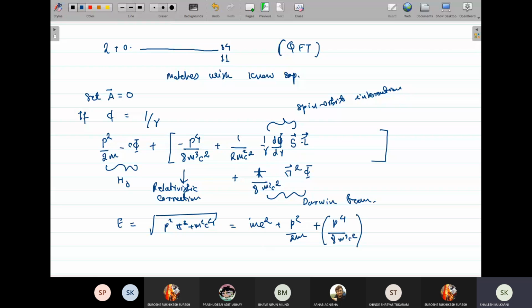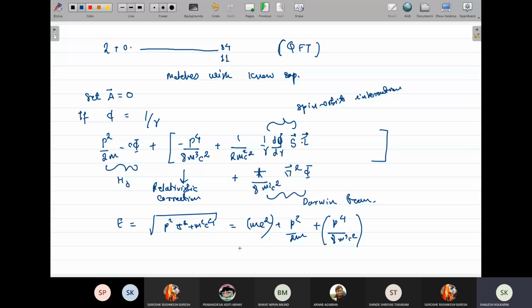So this rest energy we always neglect. We don't take it into account in H0. It is there still. So rest energy together with this term is H0 basically, but normally we don't take into account rest energy, because I can always choose my relative energy scale where this is set to 0.